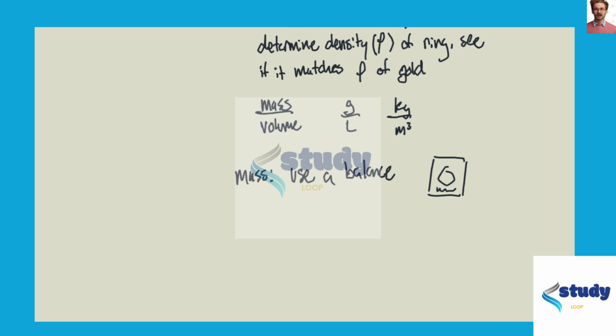Or you may have an old style balance with the tray and that big long pointer thing, right? In either case, you place the ring on the balance and record the mass.